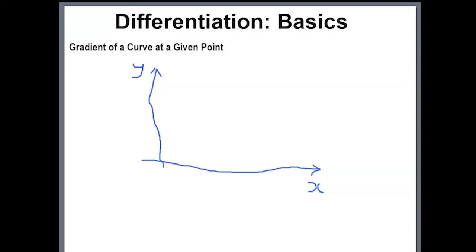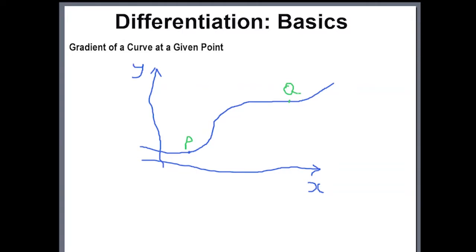If I put a curve this way and I pick a point P and another point Q, and we evaluate the vertical distance of the curve as it rises between the 2 points, all over the resultant distance between the 2 points.